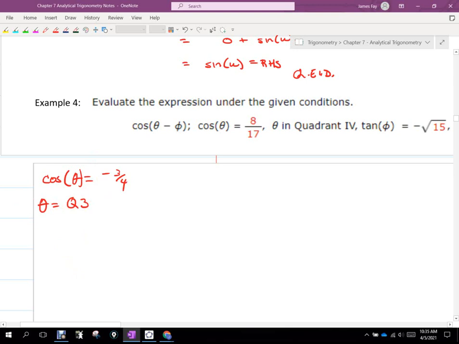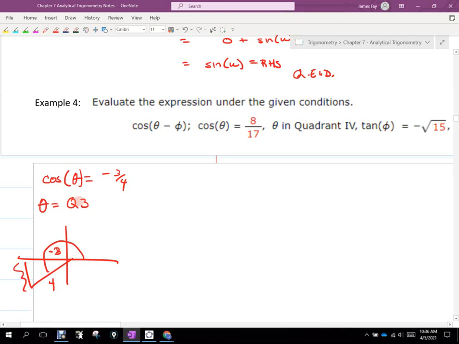We remember doing those? Basically what we do is, okay, negative 3/4, so it's got to be third quadrant, so I draw that. So cosine's got to be negative 3, that's got to be 4. Find that distance, and then answer questions about sine, right?